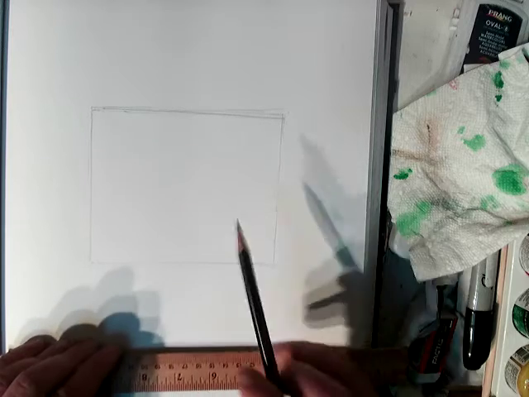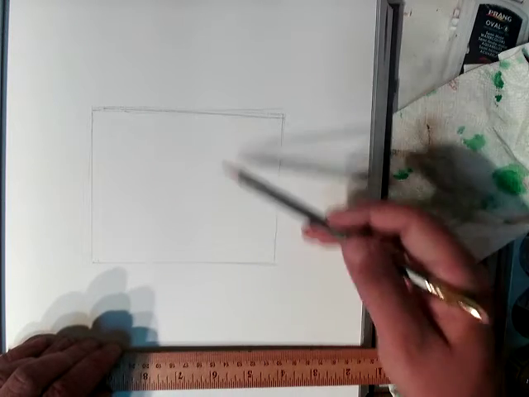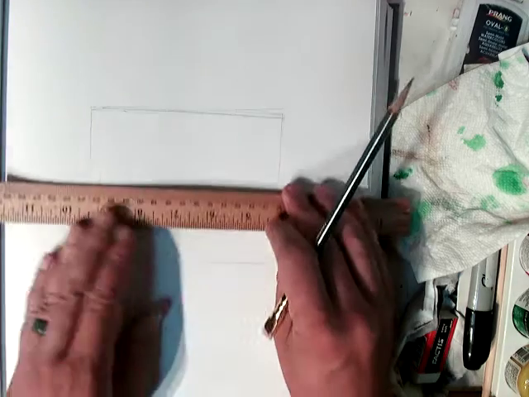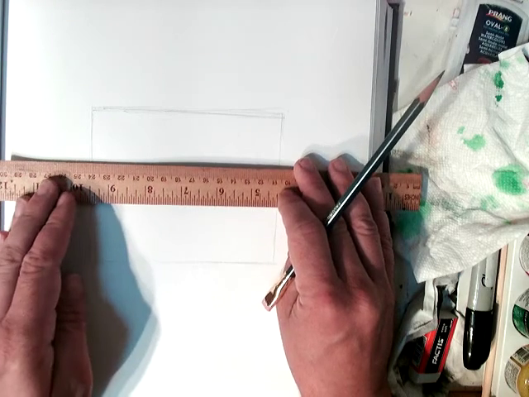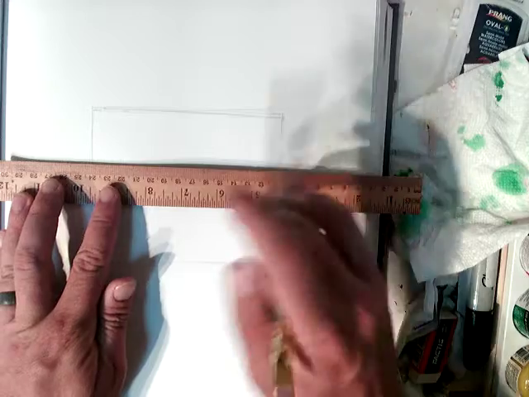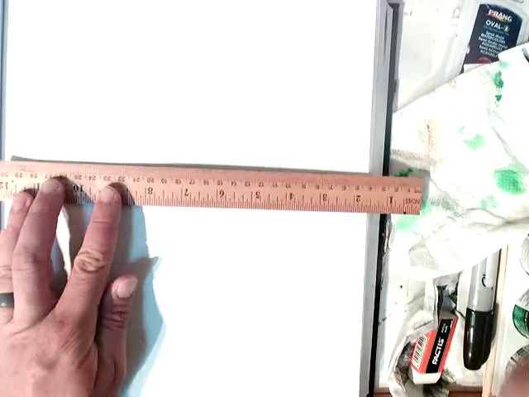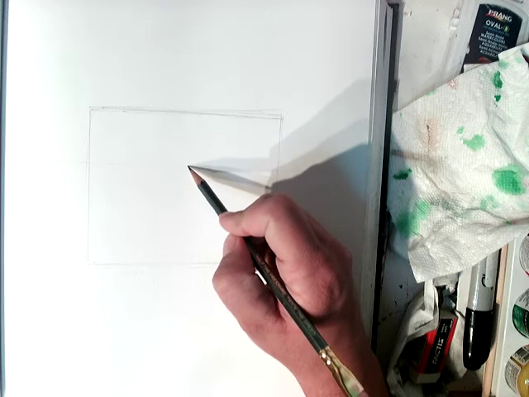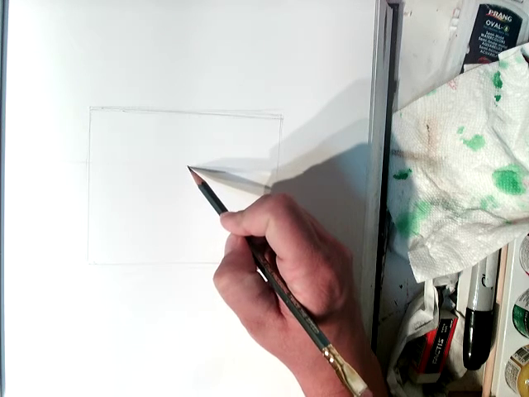If this is a room inside a house, this wall is probably about 8 feet, so I want to make my horizon line a little higher than halfway up. I'm just going to sketch that in lightly, and I'm going to put my vanishing point right here in the center.